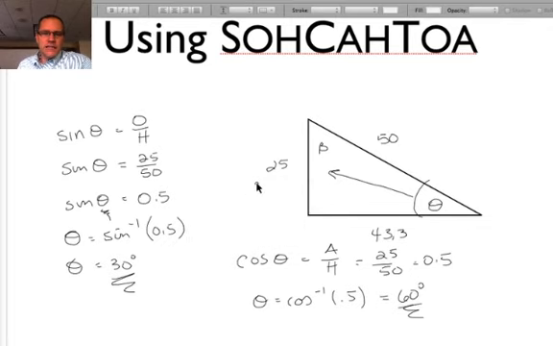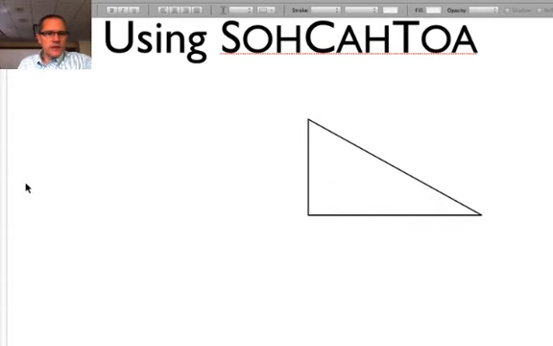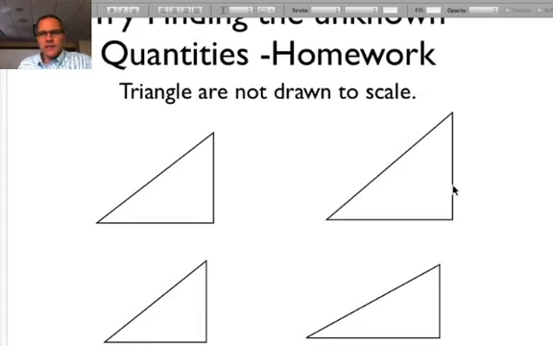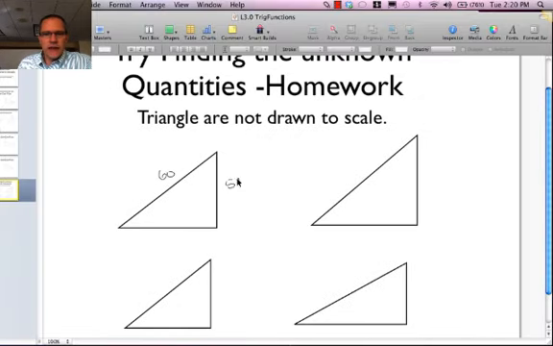So now let's see if you can try some of these and see if you can find all the sides and angles of a triangle knowing only two pieces of the puzzle. These are some of the ones that I gave you in class to work through. So here they are again. Here's 60, and we had a side of 50, and we wanted to find this angle, and also this side.